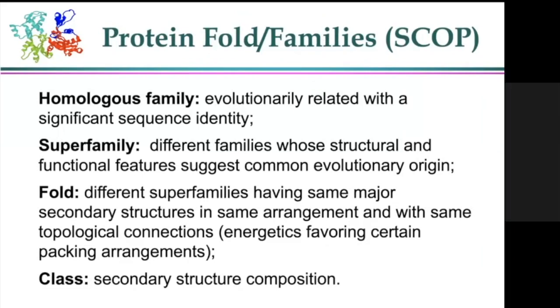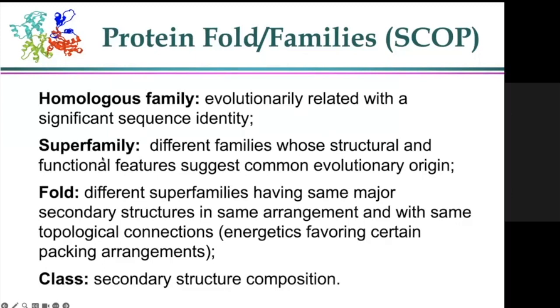And then people classify proteins in a hierarchical fashion. If you group protein sequences together, then you can say this is a homologous family. These proteins are evolutionarily related, and you can really see their evolutionary relationships through sequence comparison. And then different protein families can form a so-called superfamily.